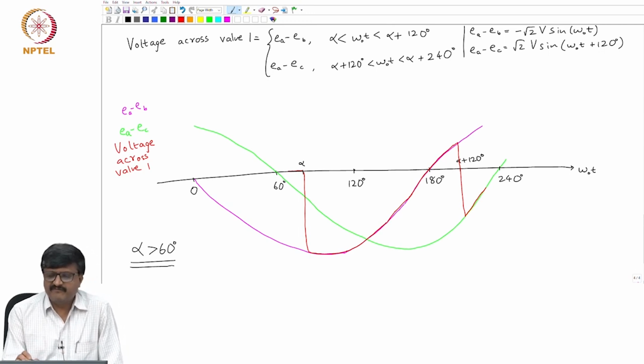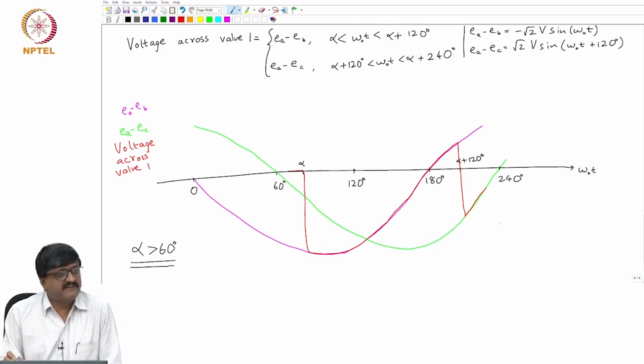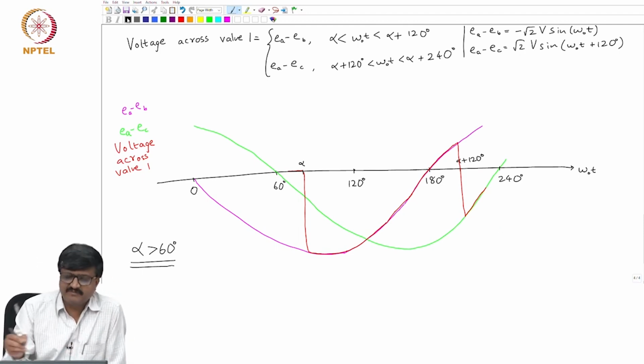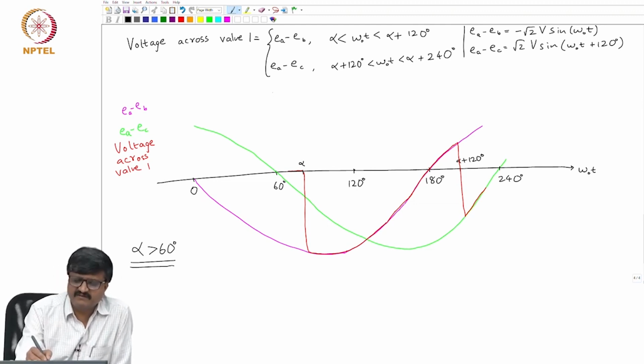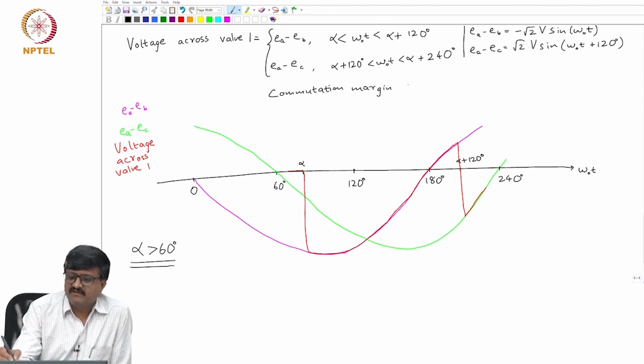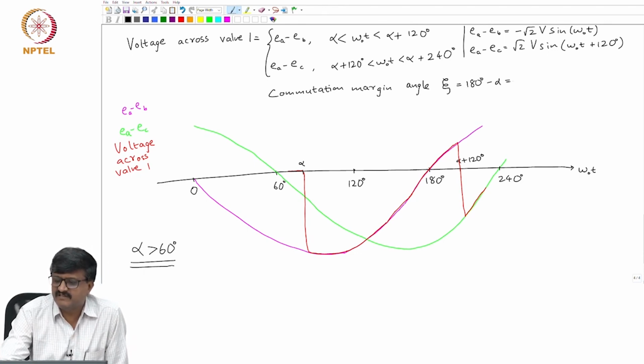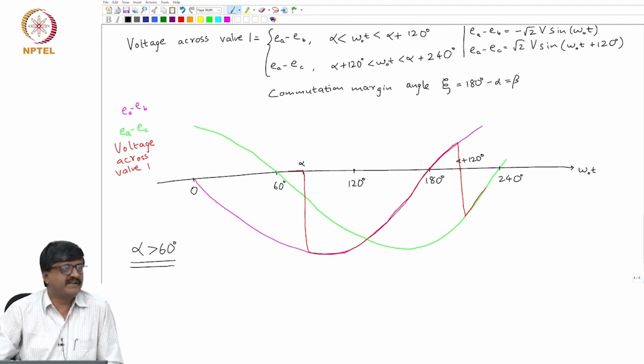So, what is the duration for which the voltage across valve 1 is negative? So, that means what is the commutation margin angle? 180 minus alpha. So, commutation margin angle psi is 180 degrees for this case minus alpha, which is nothing but beta. By definition, beta is 180 minus alpha.